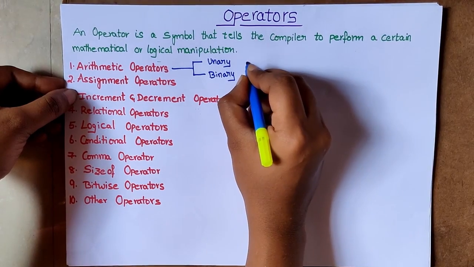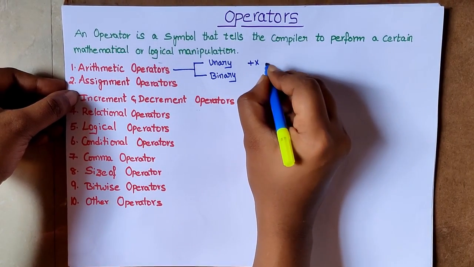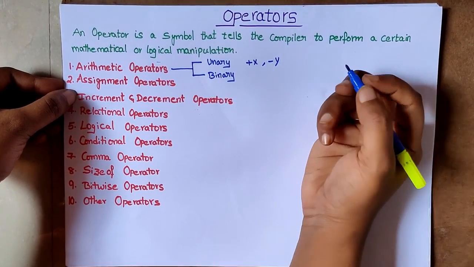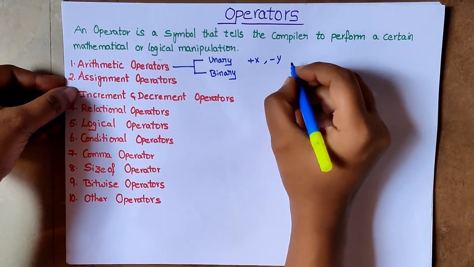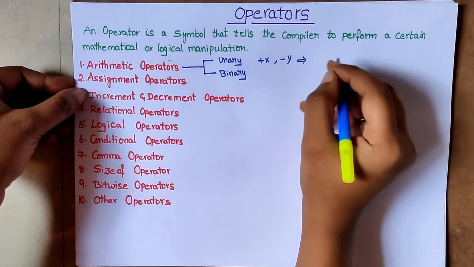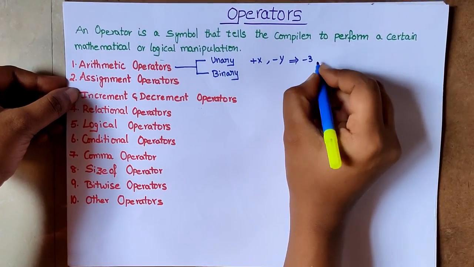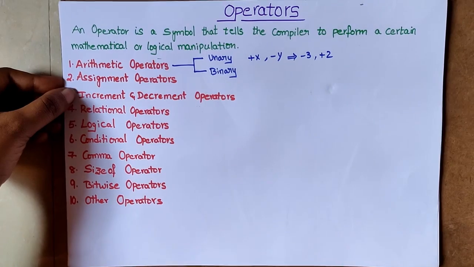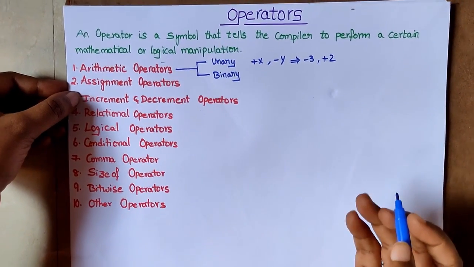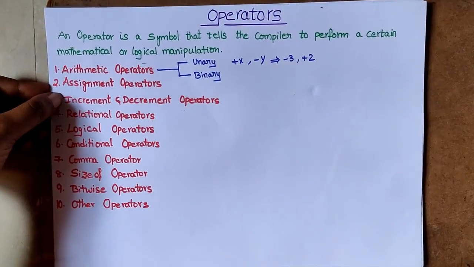Suppose you take plus x or minus y, these are not doing an operation, they are just values. For example, minus 3, plus 2. It's not doing any operation here, it is a value assignment.